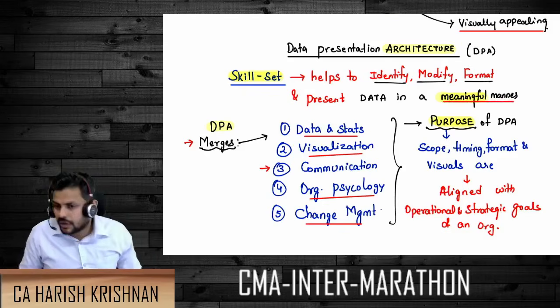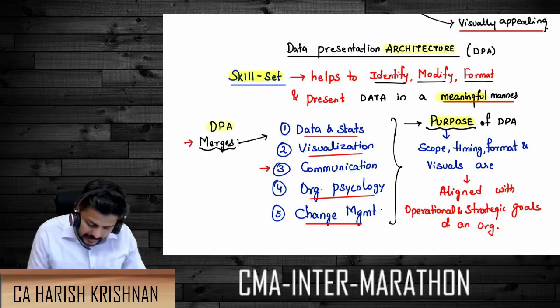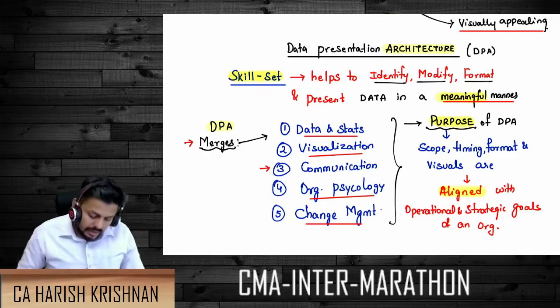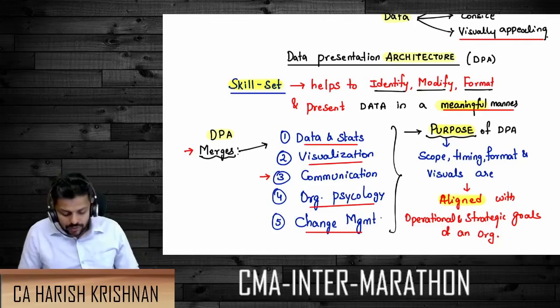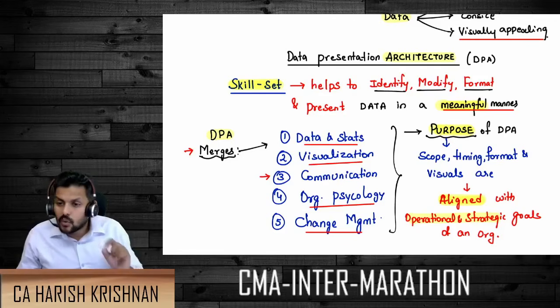The purpose of this data presentation architecture is the scope, timing, format, and visuals. Whatever you are presenting is all aligned with the operational and strategic goals of the organization. For those whose architectures are good, their presentation is good, and their top management or any decision maker can see it easily and make quality decisions.